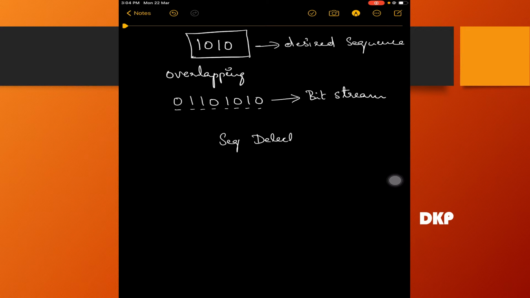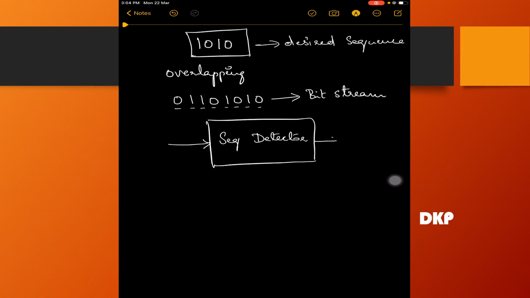one by one. Suppose this is your sequence detector. This input has to be given to the sequence detector one by one and you have to get the output from this. So this is your input. Let that be x of t.